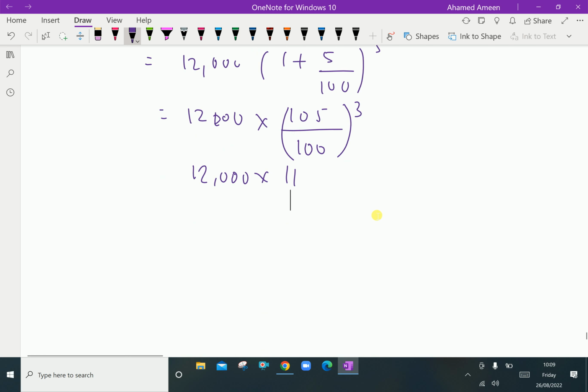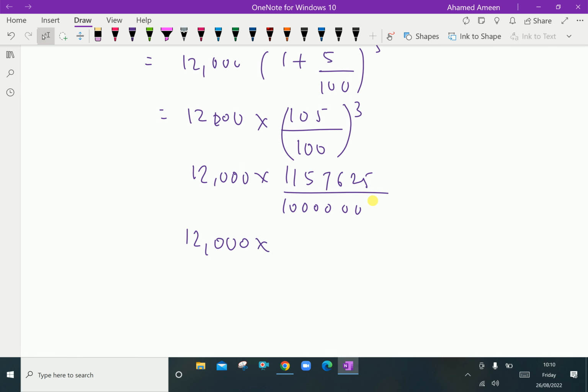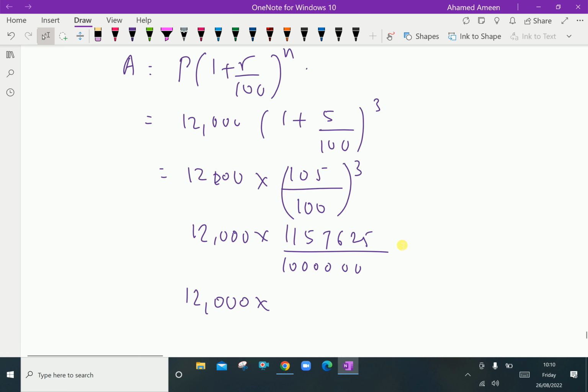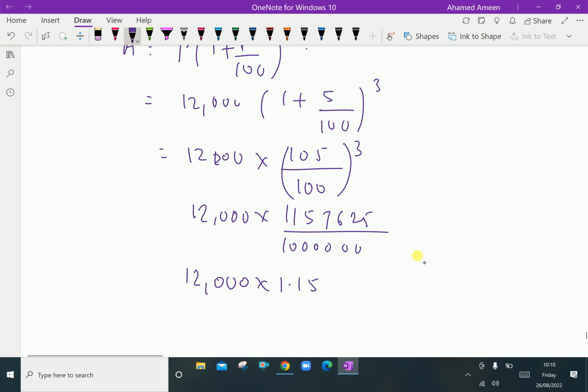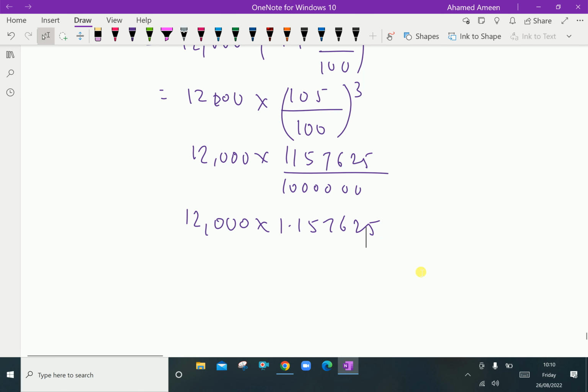Let us calculate 12,000 multiplied by 1.157625.